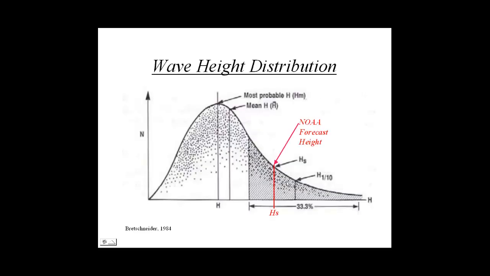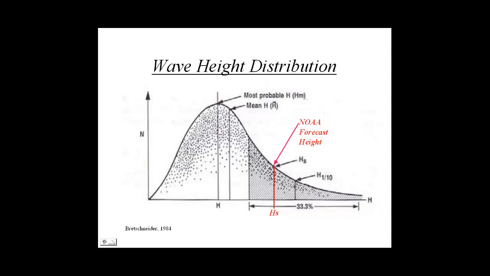So let's look at this. This is a Brett-Schneider distribution. It's a bell-shaped curve, and basically it plots the number of waves on the vertical scale and height of the waves on the horizontal scale. Okay?